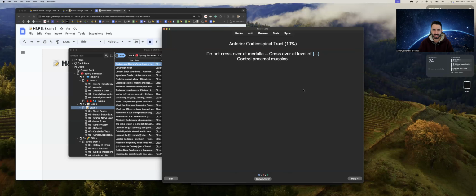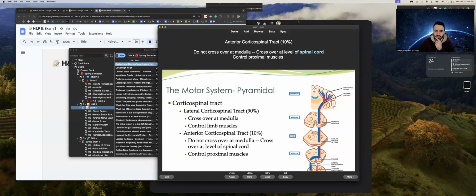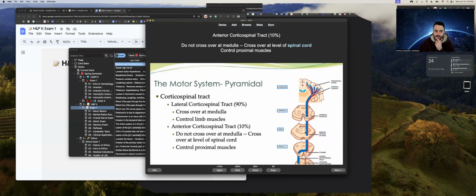All right, the anterior corticospinal tract. So voluntary skilled movement. It's in the anterior of the spinal cord, I assume. Do not cross over at the medulla. Interesting. They cross over at the level of the blank. I don't know. The spinal cord. Limb muscle versus proximal muscle.